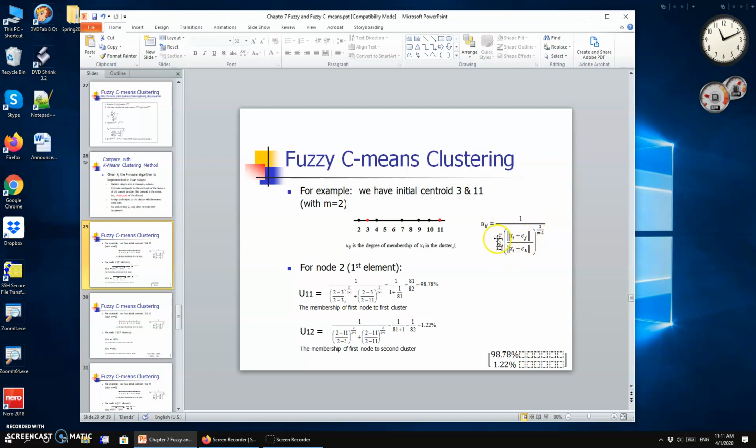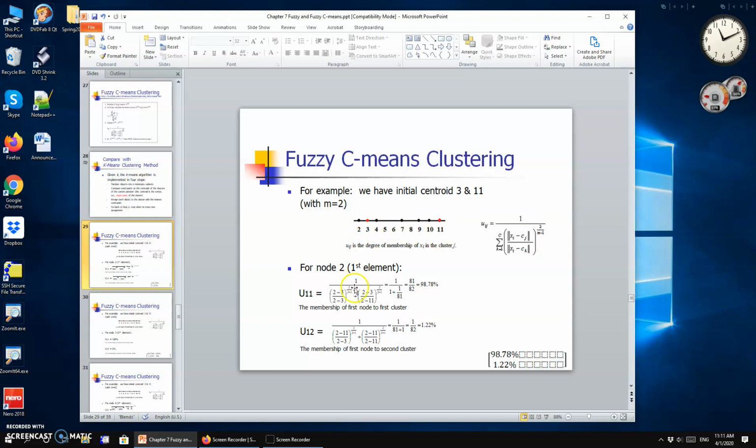This is trying to say that you put a sigma over here, k equals 1 until the number of clusters. So in this example, we only have 2 clusters, so it will go from k equals 1 and then k equals 2. And then what we see over here is xi minus cj, indicating that i is the node that you want to look into. So the first node, in this example, is the value of 2, minus cj, indicating the center of the cluster.